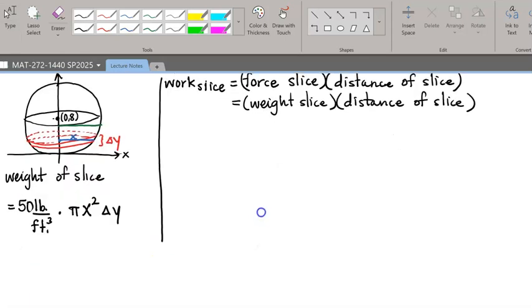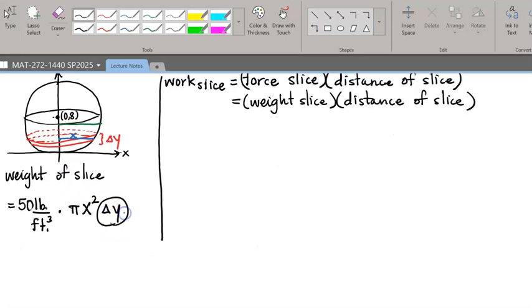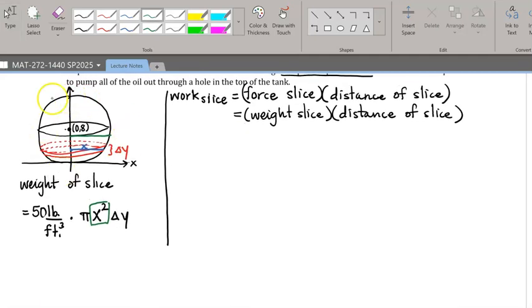The problem is that I see this delta y, which means I know I'm going to be integrating in terms of y, but I have this x squared in my expression, and I'm going to need everything in the integral to be written in terms of y. So we have to find a way to rewrite x squared in terms of y, and we do that using the equation of this circle.